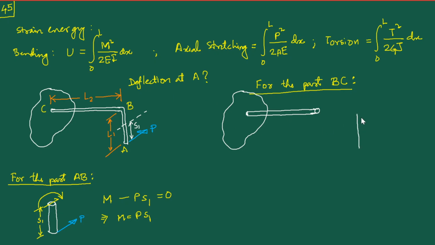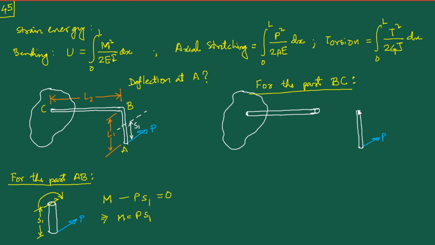Once I remove that, I'm considering these two things in isolation. This is my force P. Now to balance this force, I must have a shear force acting on this side.